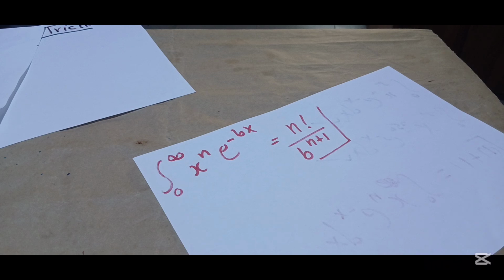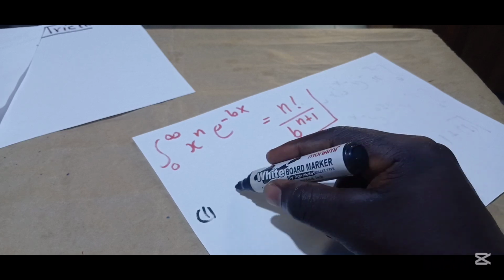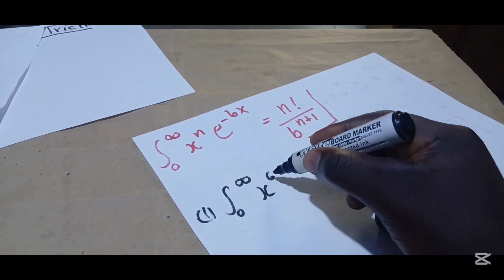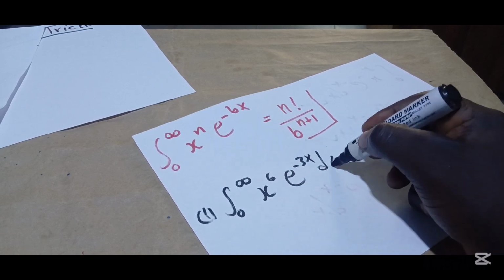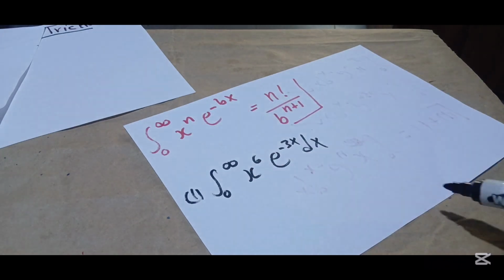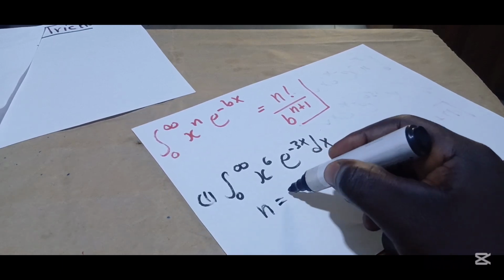For example, number one, evaluate integral from 0 to infinity of x to the power 6 e to the power minus 3x dx. First of all, if we compare this to the general gamma function formula, our n here is equal to 6.